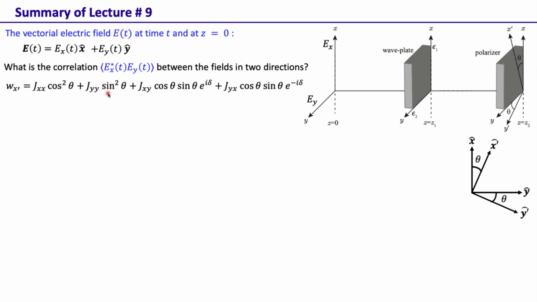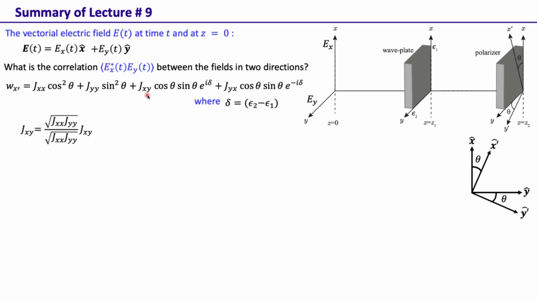The second is the component of the y polarization that passes through the polarizer at x prime. The third and the fourth are the interference terms. Of course, if there is no correlation between the x and y components, these two terms will be 0. This we have expressed in terms of delta, which is the difference epsilon 2 minus epsilon 1.